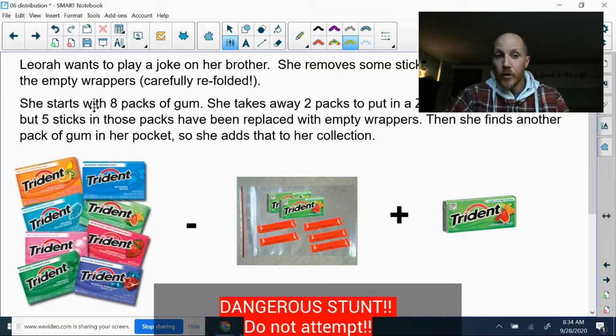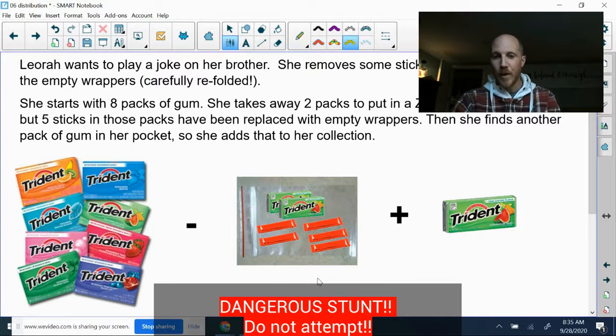So Leora starts out with 8 packs of gum. There's 8 packs right there. She takes 2 of those packs to put into a Ziploc bag. She's going to make a little Ziploc gift bag to give to her brother. So there's 2 packs in there. But out of those 2 packs, she carefully removes 5 sticks. Takes the gum out of the wrappers, folds the wrappers back up, puts the wrappers back in the pack.